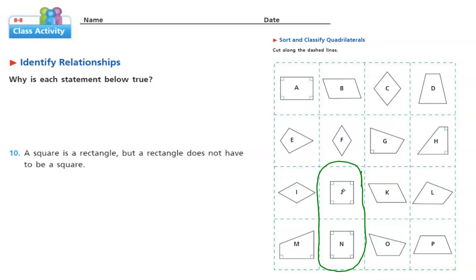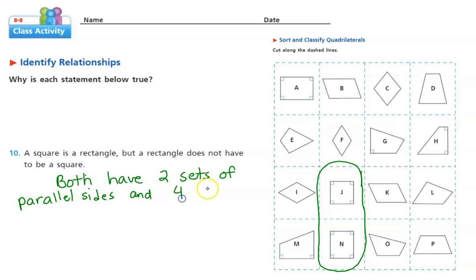So the definition I'd like you to write on this one is that both have 2 sets of parallel sides and 4 90-degree angles, because that's something that they both have. So again, both have 2 sets of parallel sides and 4 90-degree angles.